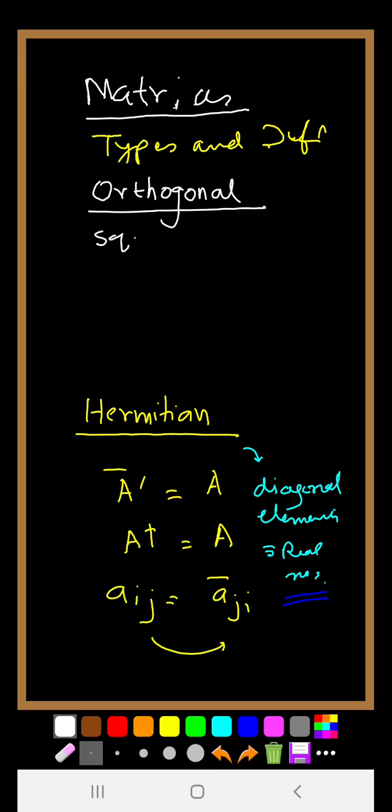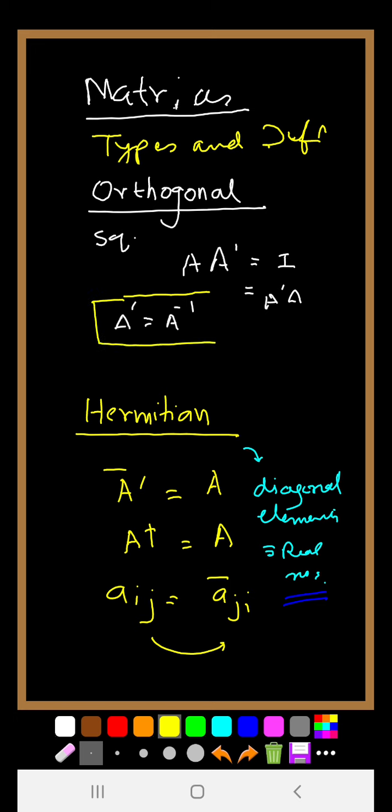A square matrix A is said to be orthogonal if A into A transpose gives you an identity matrix and is also equal to A transpose into A. Or in other words, if the transpose of the matrix is equal to the inverse of the matrix, then we say that the matrix is an orthogonal matrix.